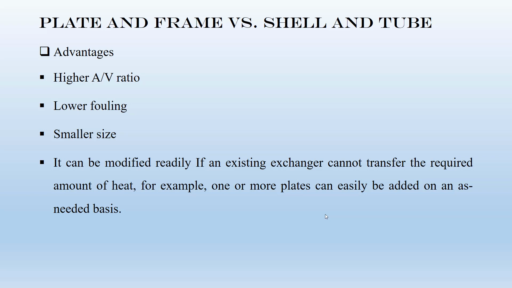What you can do is simply add some new plates to the heat exchanger, and then you can increase the heat transfer rate. So you can play with the capacity of these plate and frame heat exchangers.